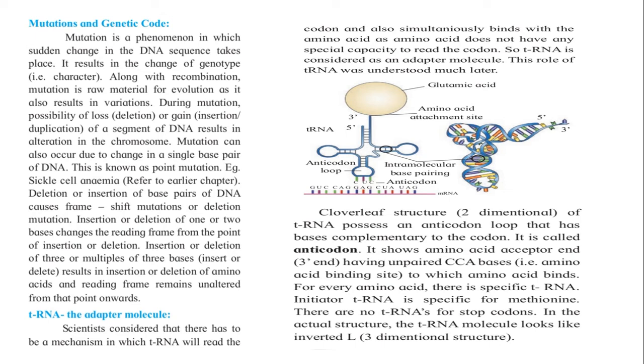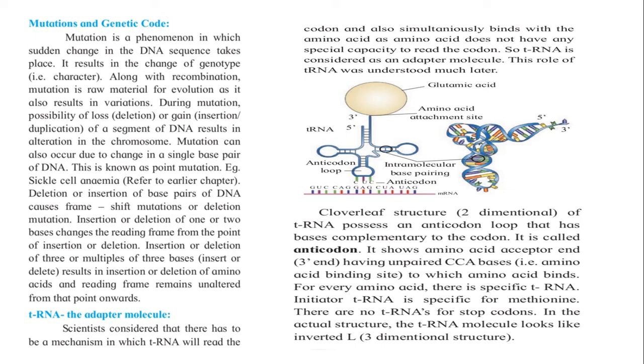In the diagram of transfer RNA, the cloverleaf structure possesses an anticodon loop that has bases complementary to the codon. It is called the anticodon. It also has an amino acid acceptor end with unpaired CCA bases to which the amino acid binds.